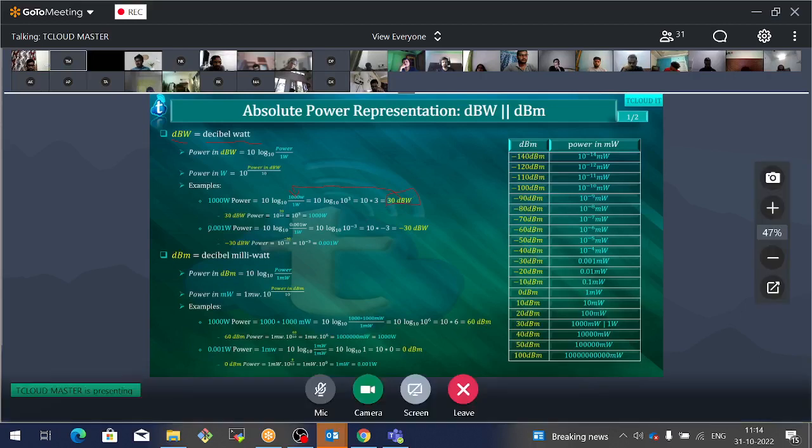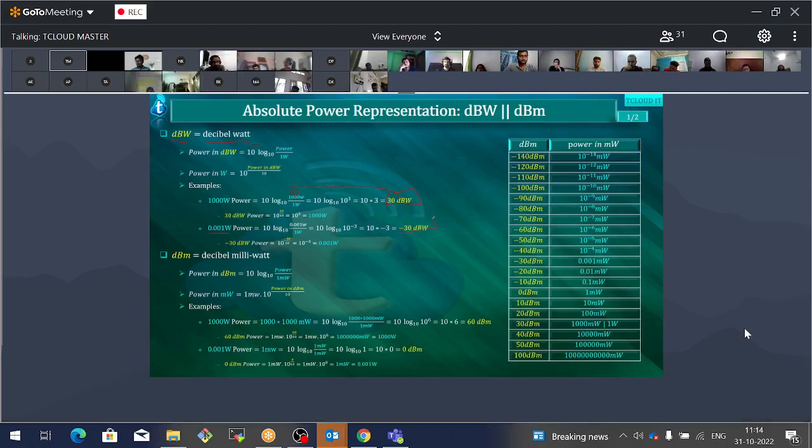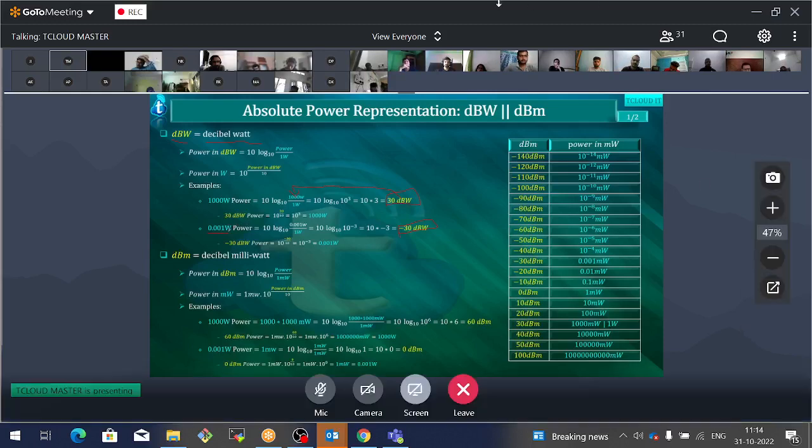If you take 0.001 watt power, which is equal to 10 power minus 3, you have minus 30 decibel watt, which is representing 0.001 watt, which is also nothing but 1 milliwatt.